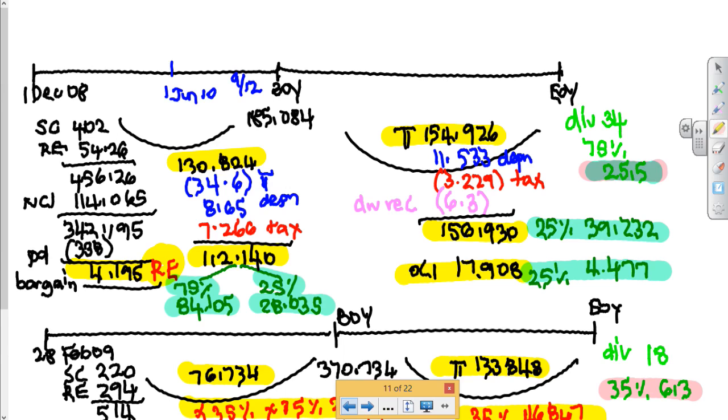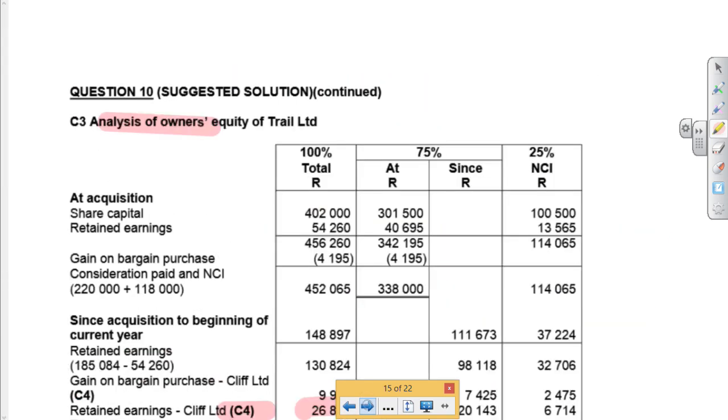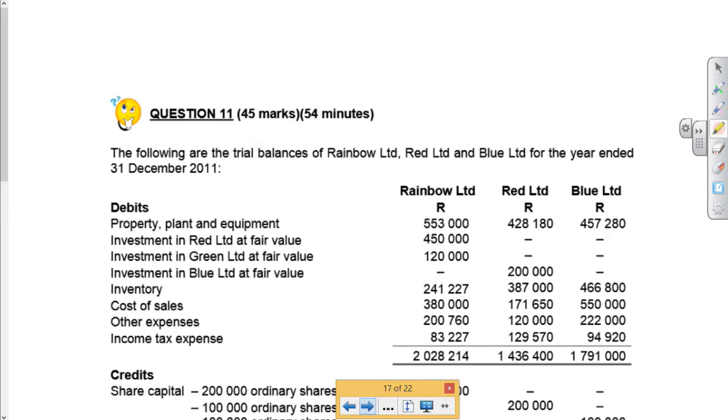Let's look at the next one. I don't know if we'll have time to do it. No, we don't have time, but we can have a look at what the question was. Question 11, which you also have, which you can practice at home if you want, is 3 companies. It's a rainbow group: rainbow, red, and blue.